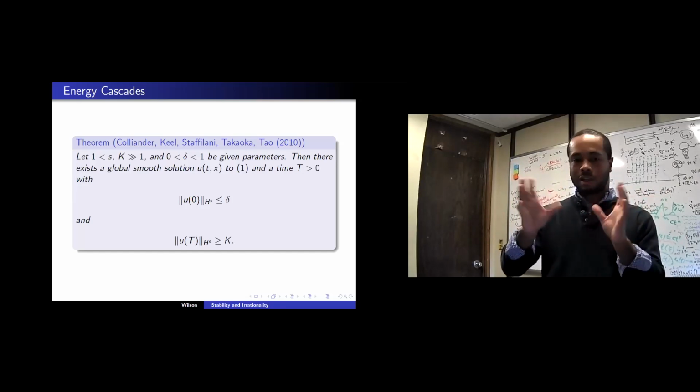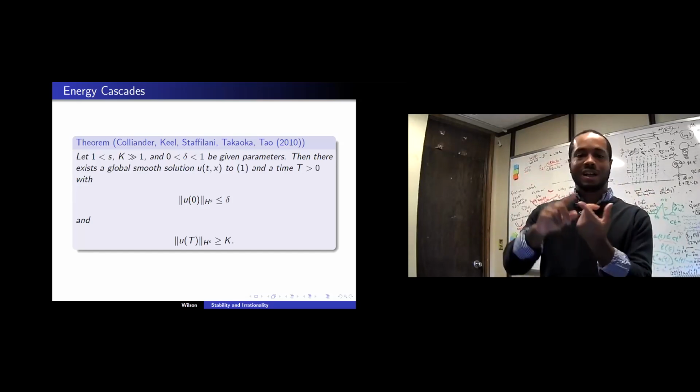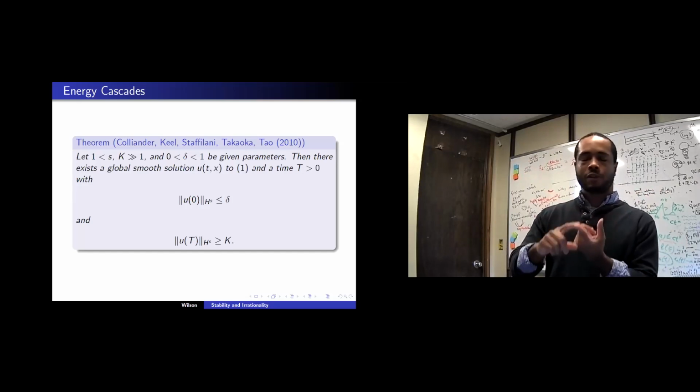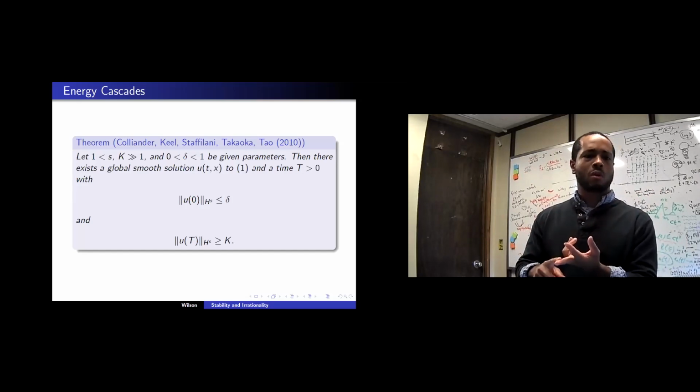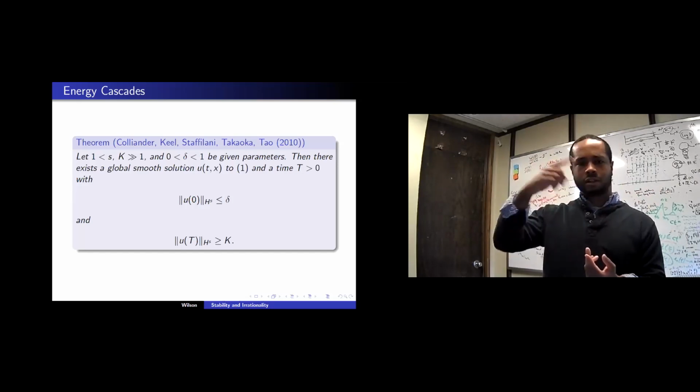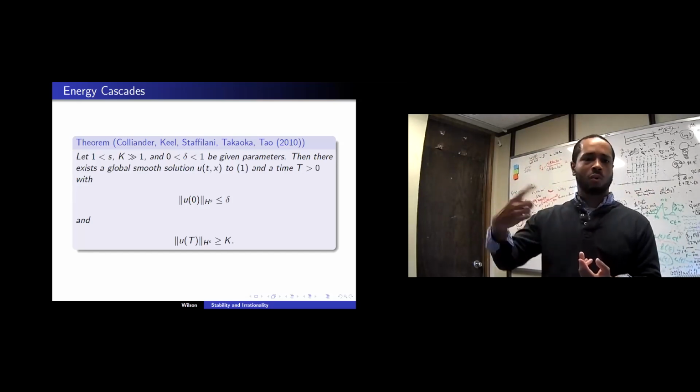Okay, this is not exactly true, but most of the time, one can show that at least very close to the origin, if you start off with a very small H^s norm, then your H^s norm should be essentially small for all time. Okay, you're essentially a harmonic oscillator going around the origin forever.